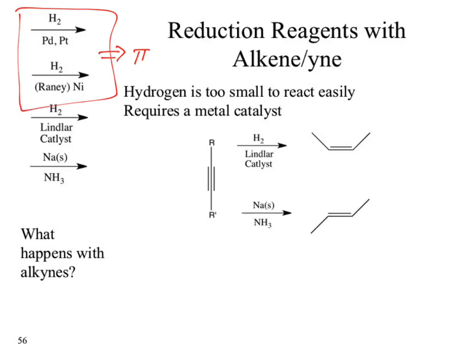These last two reagents will only attack nonpolar pi bonds, and they will only attack triple bonds. It has to be an alkyne. They don't react with the alkene. So that's a big thing to tie to those last two reagents. They're alkyne reducing agents exclusively.